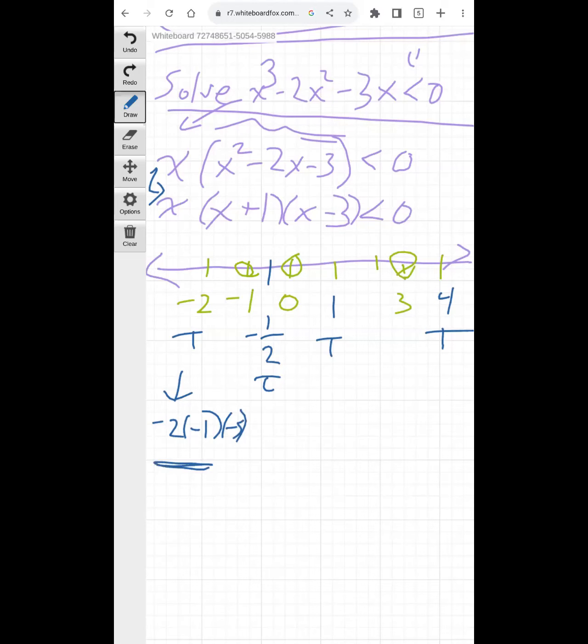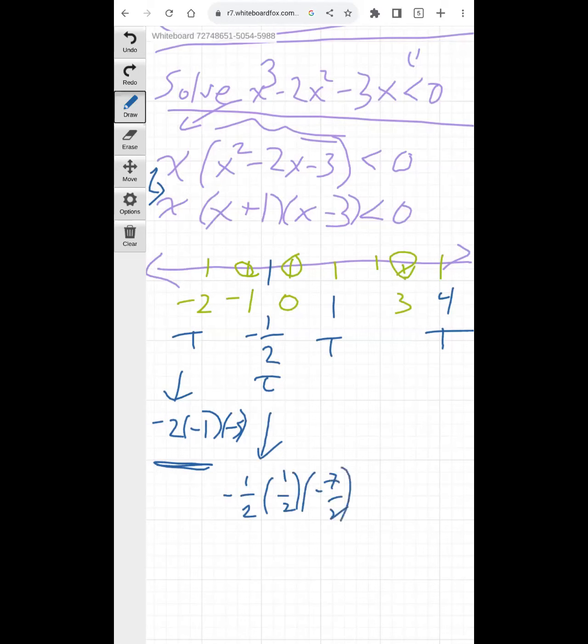Now let's use the point x equals -1/2. Substituting into the inequality, we have -1/2 times -1/2 plus 1, which is +1/2, and then -1/2 minus 3 is -7/2.